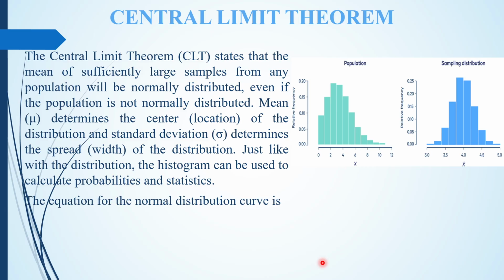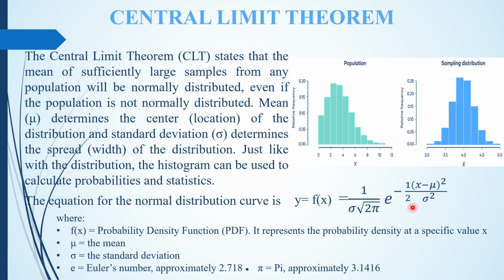So the equation for the normal distribution curve is f(x) equals 1 by sigma root 2 pi into e to the power minus (x minus mu) whole square divided by 2 sigma square, where f(x) is the probability density function.